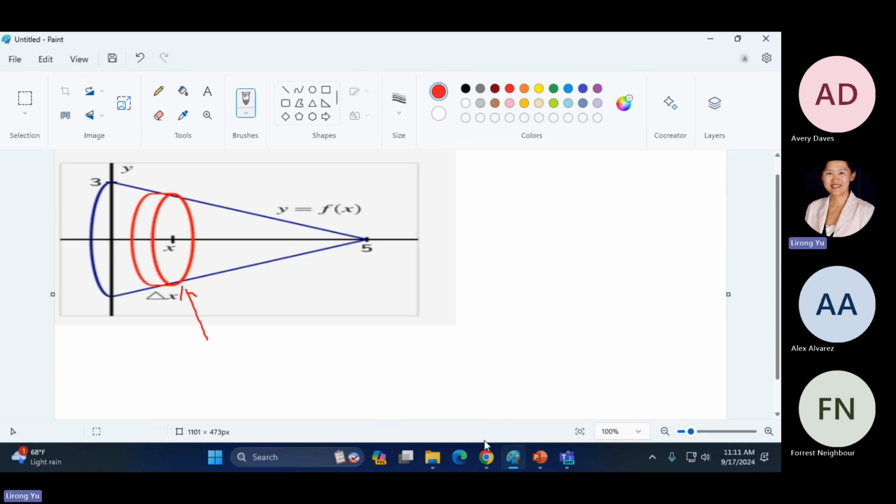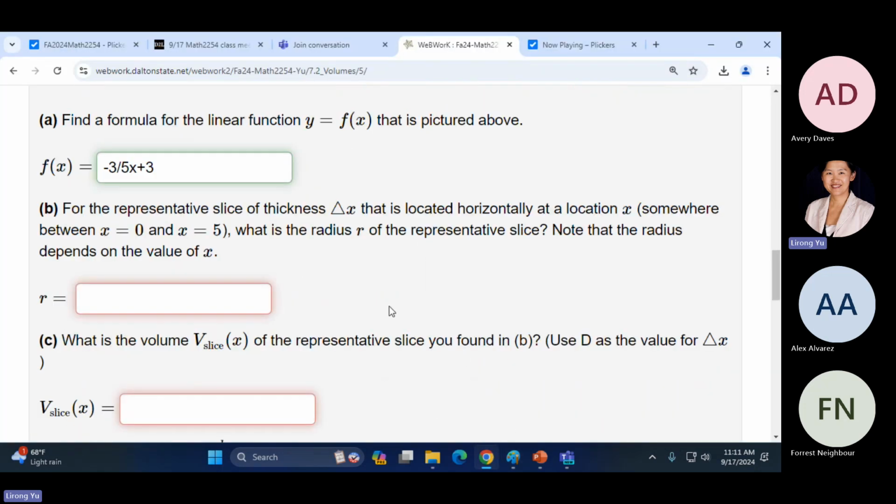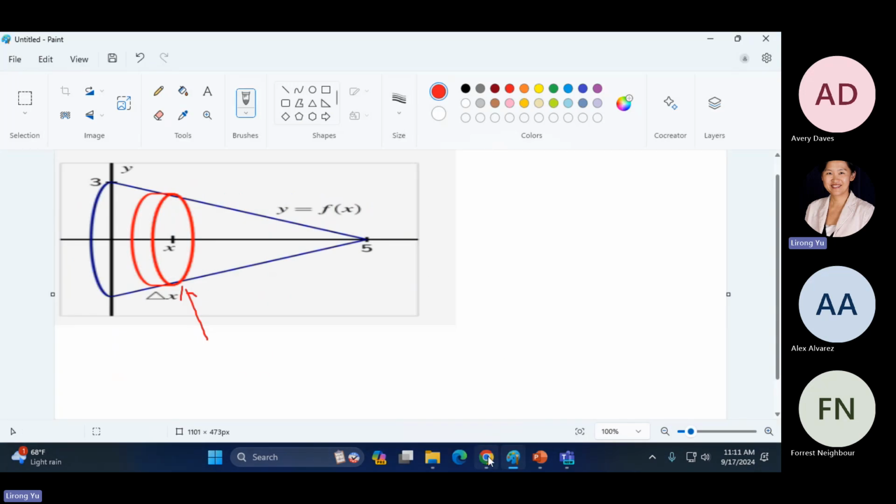The question wanted a representation for the R, and the R, remember, is always determined by the rotation. This looks like a rotation about the x-axis, so our y value is R.